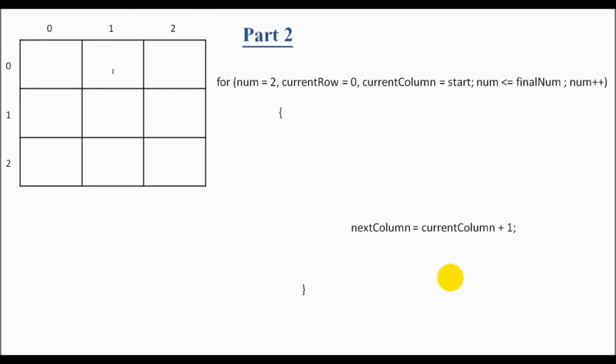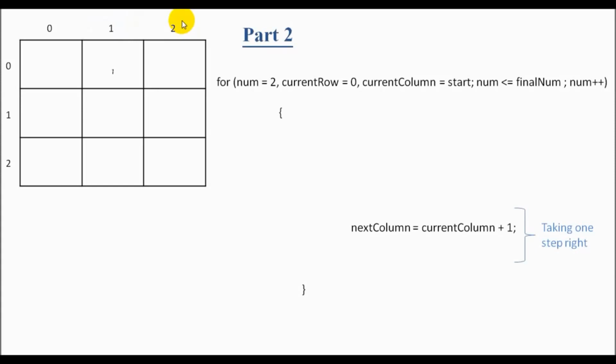One line of code for taking one step right from one column to another says next column is equal to current column plus 1. Suppose our current column number is 1, and if we want to take one step right from there, our next column number is going to be 2. So if we simply add 1 to our current column number, we can easily get our next column number.